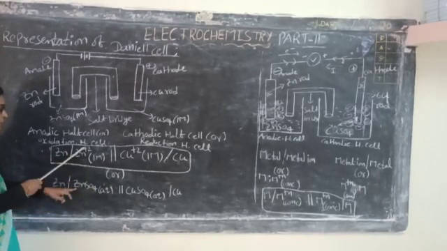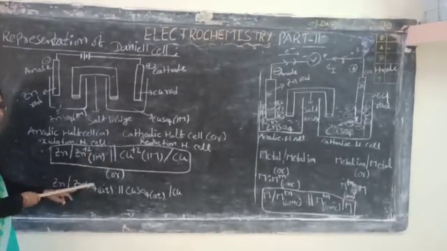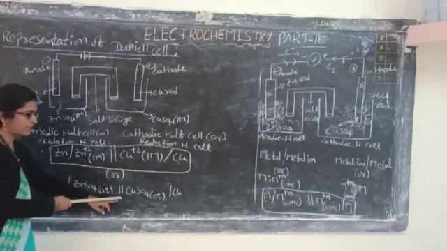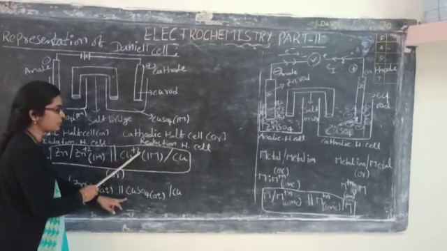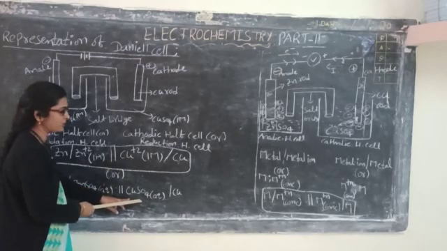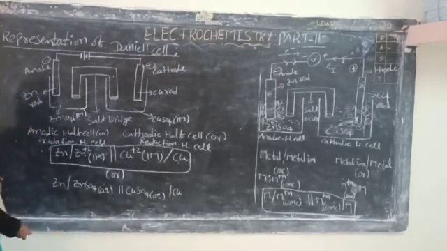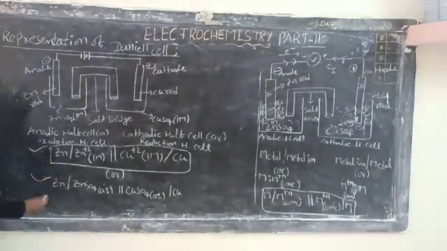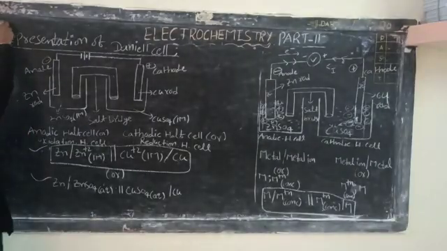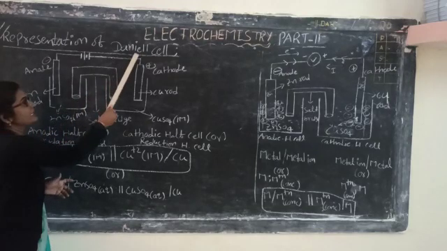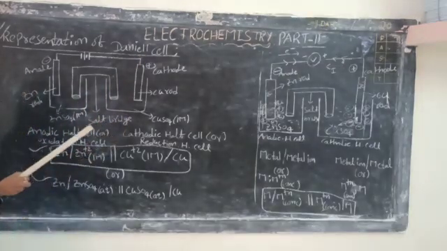So both representations are similar. Two parallel lines and copper sulfate; the Cu2+ ion is present in the copper sulfate solution in the case of aqueous solution, followed by copper. So this is the representation of the galvanic cell. The Daniell cell is the example for the galvanic cell.